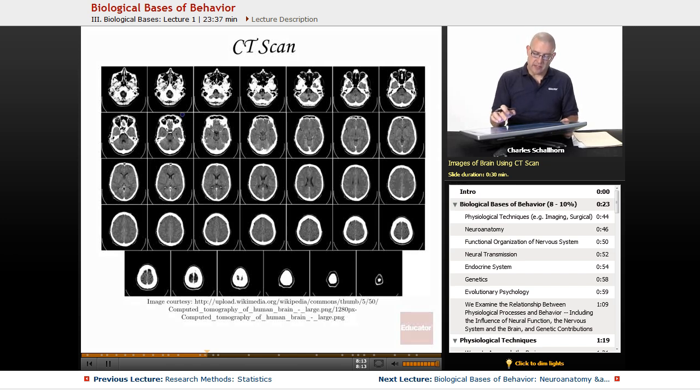So a series of X-rays that can take us through successive portions of the brain. And so we start at a fairly low point where we have the nose, and then we move up and up and up until, by the time we get to over here, it's just the little top part, and then by the time we get to here, it's just that very, very top part. It's a very thin slice of an X-ray. And that's going to be a CT scan.